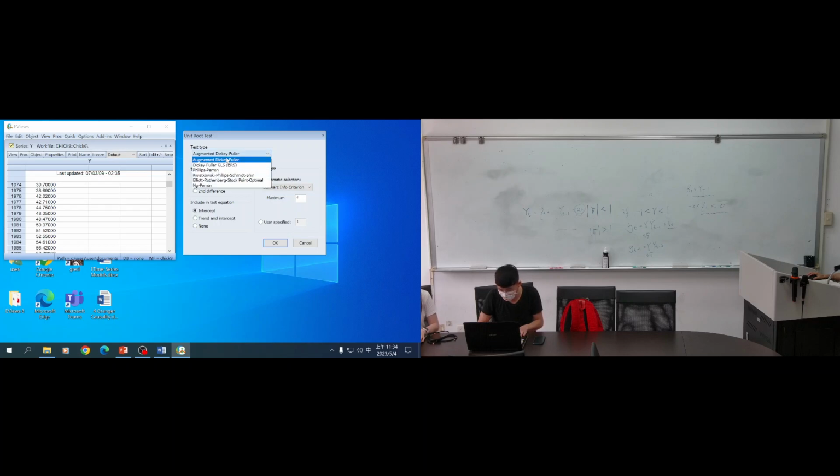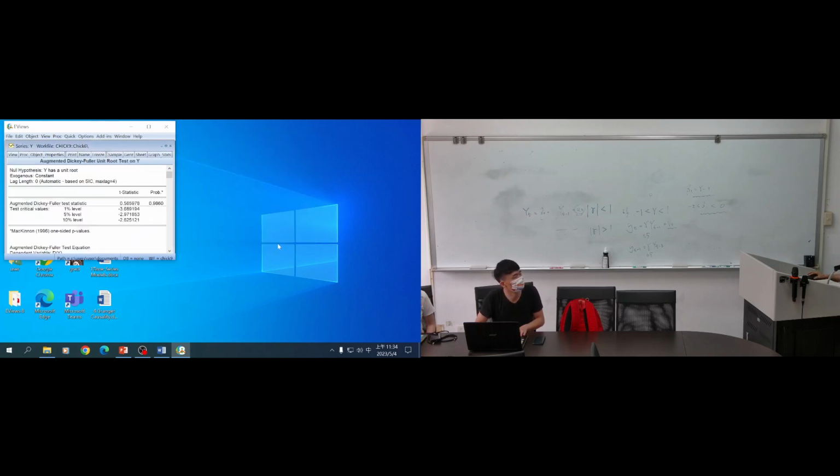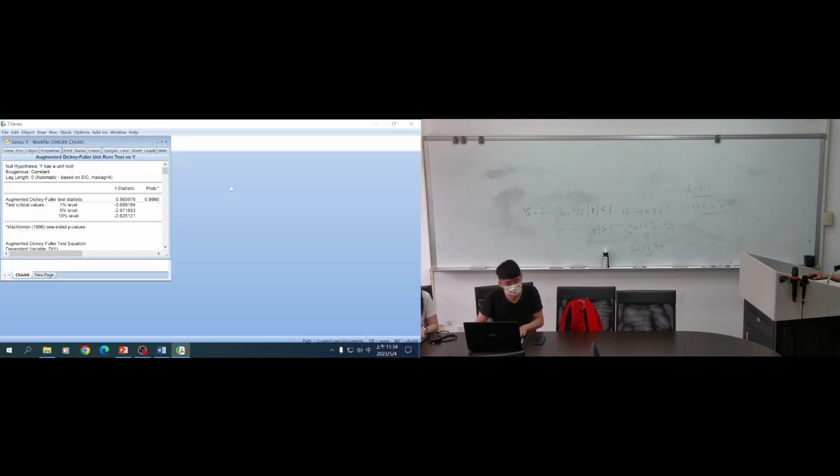Look at all these options. The first one is the Dickey-Fuller test, and there are some other options, but let's just use the augmented Dickey-Fuller test first. Okay, look at this output.